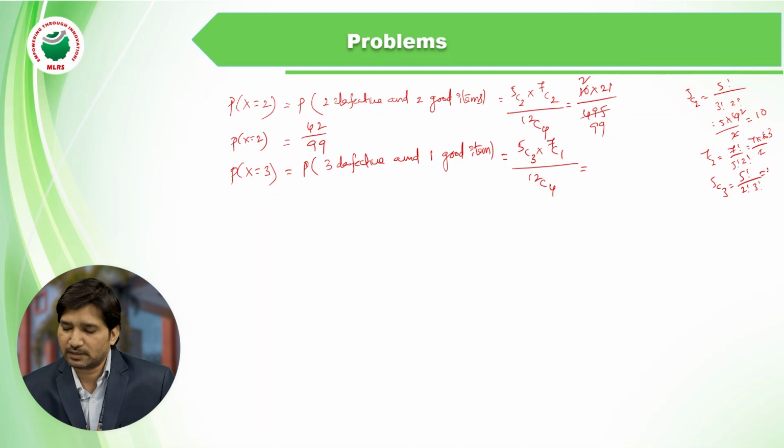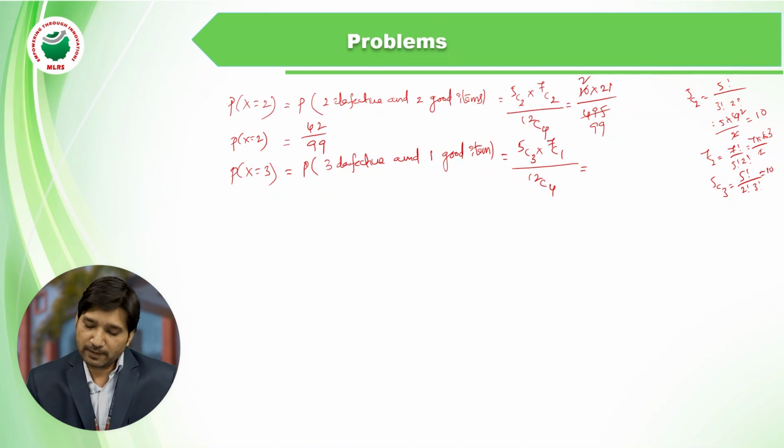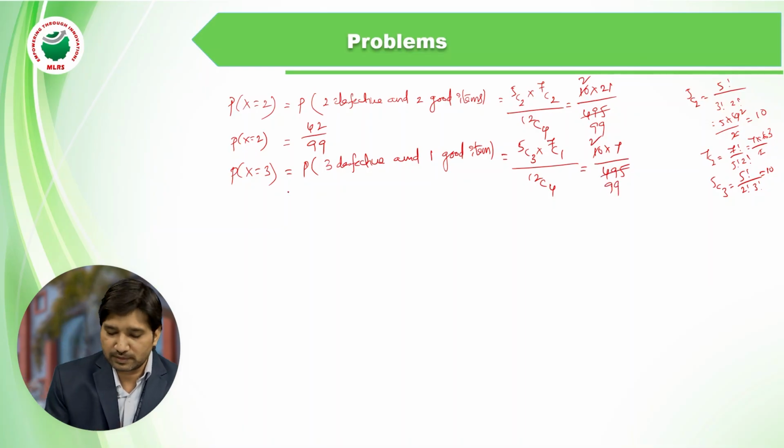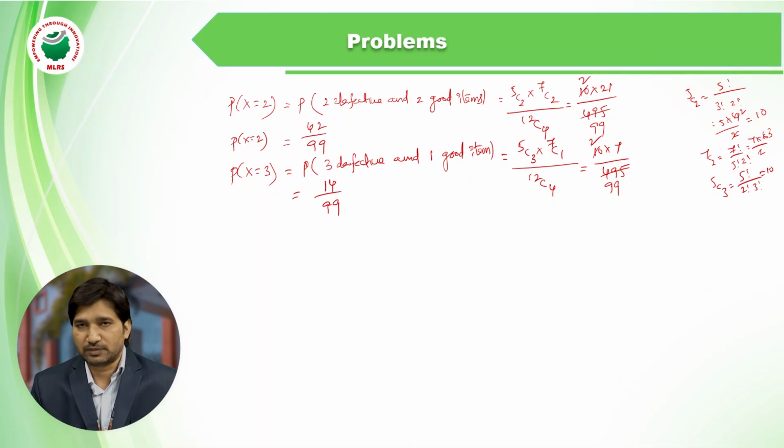Same thing, this is also 10. So 10 into 7C1 is 7, divided by 495. Denominator is 495, same thing. 5 twos are 10, 99, 7 twos are 14. So we will get 14 by 99. Okay, P of X equal to 3 also.